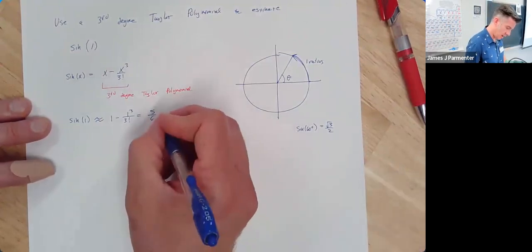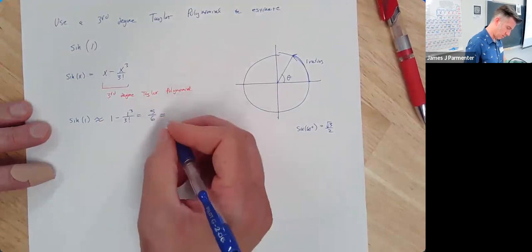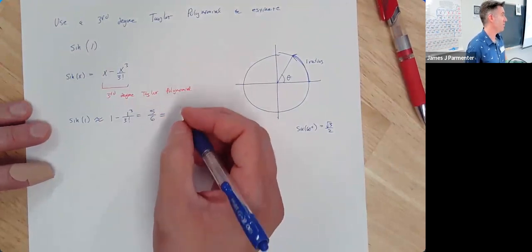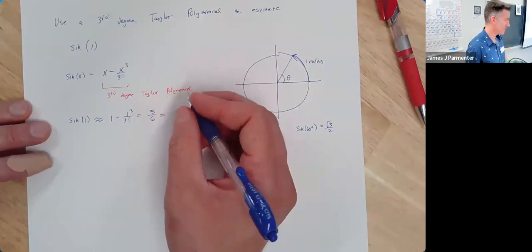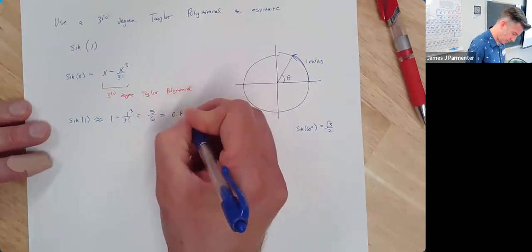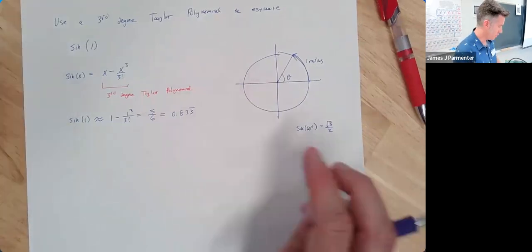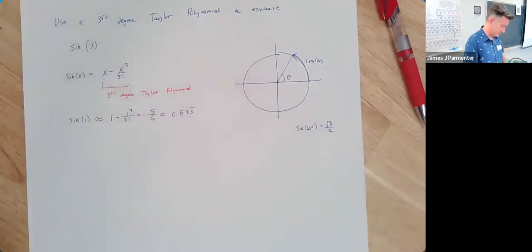Which is, I want the decimal here just because I want to say what it is. Let's see. I should know the decimal for this. 0.16, so 0.833 forever. The reason I want to point this out is because the square root of 3 over 2, which is what sine of 60 degrees is equal to, is approximately, I really love this calculator so much.